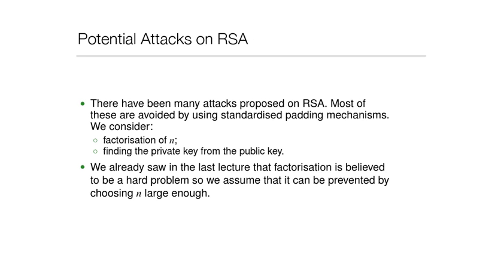So we already saw, at least in the last lecture, that factorizing is believed to be a hard problem. So we assume that it can be prevented by choosing an n value large enough. That means P and Q large enough in a way that it produces a larger n.